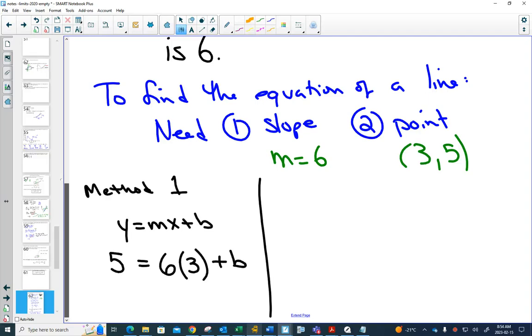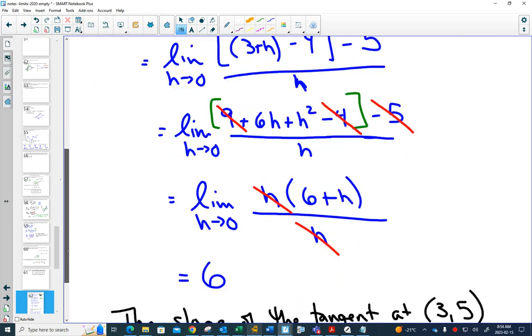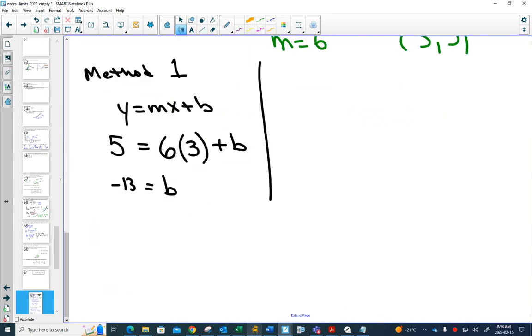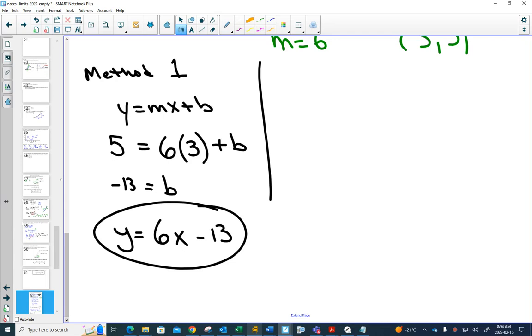The only thing you don't know is b, the y-intercept. But if you plug in your slope and you plug in your point, could you solve for b? Yes. I just have to subtract 18 on both sides. I would figure out that b is negative 13. And now I could write the equation. I know the slope is 6. I know the b value is minus 13.